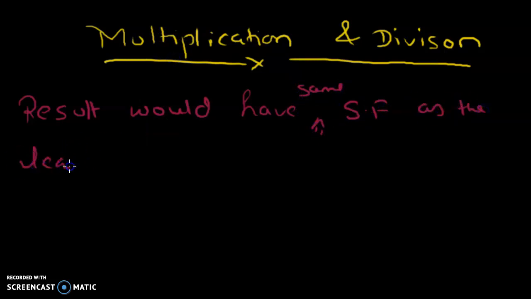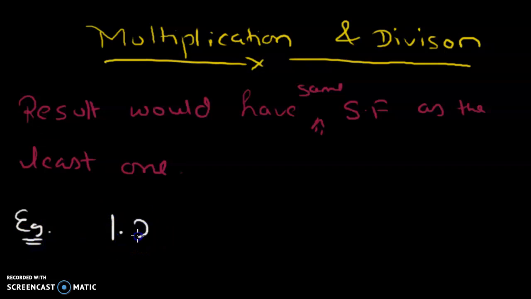Here you need to bother about the significant figures. In the other case, you did not bother about significant figures, you only bothered about decimal places, for addition and subtraction. Here you actually need to bother about the significant figures.